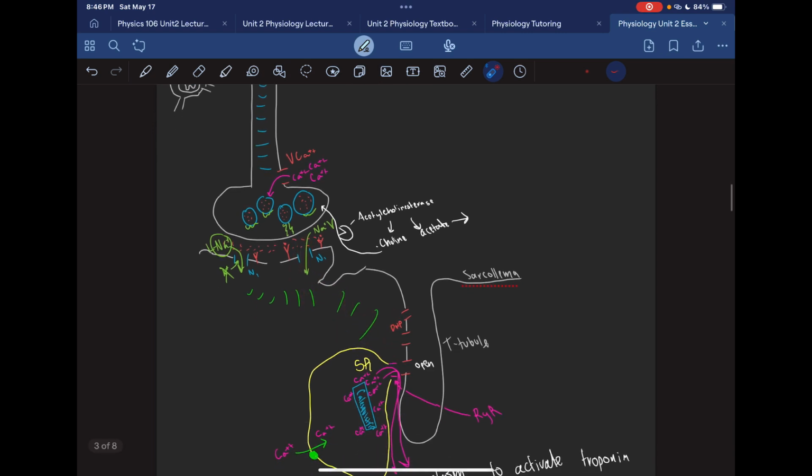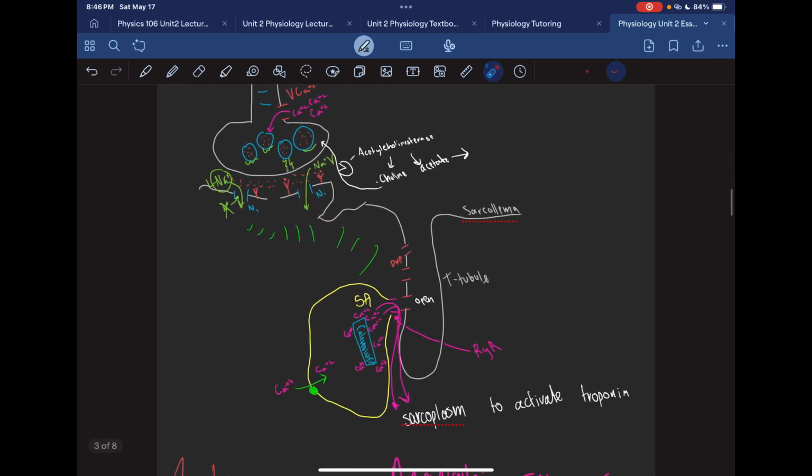Then we get this action potential heading down to our DHP, which is like the action potential receptor, which is linked to the RYR here. That's going to allow calcium to leave through the sarcoplasmic reticulum into the sarcoplasm.